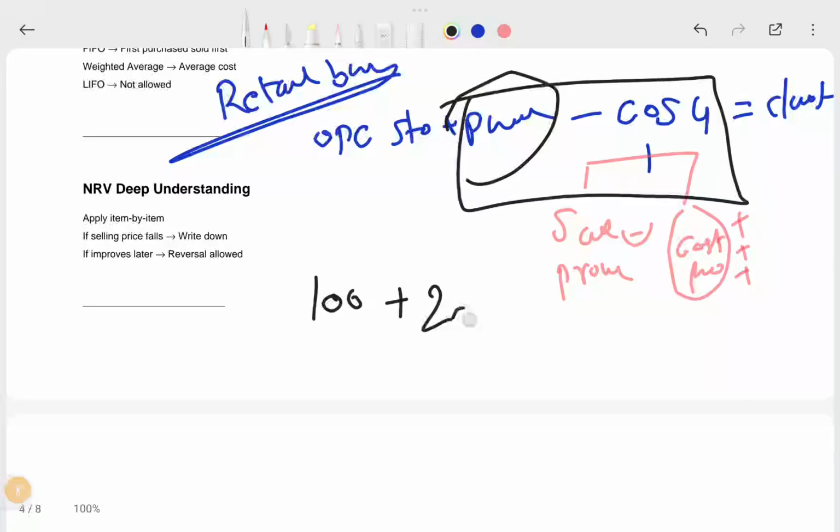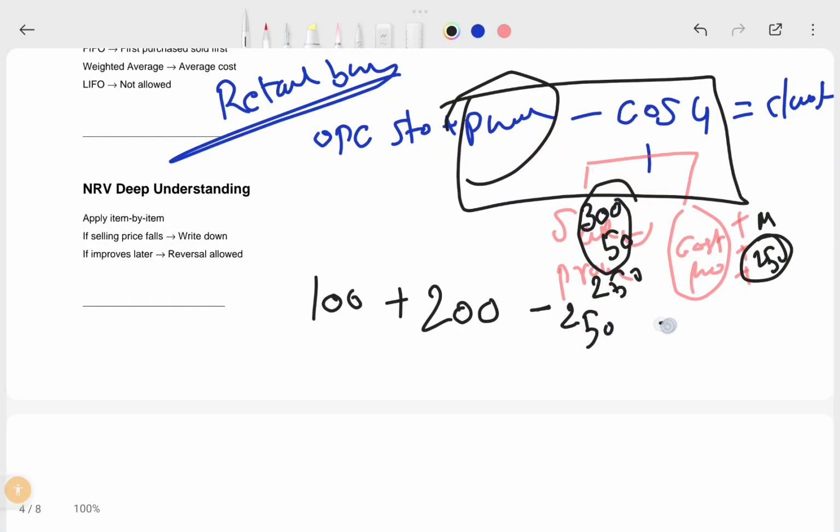Purchases are 200. Say your sales are 300, out of which the profit is 50. So the balance 250 is your sales at cost. In the cost of conversion, the material cost and labor cost all come to 250. So you deduct 250 here. So what would be the closing stock? 50.